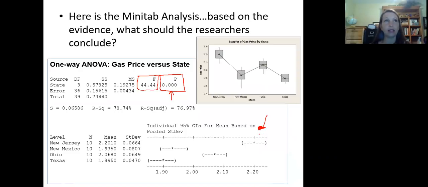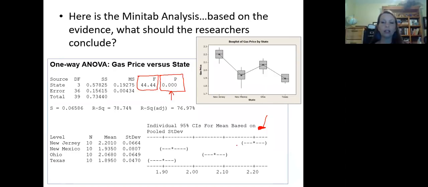Minitab 17 and 18, and I believe Minitab Express as well, do much prettier versions, but they all work essentially the same way. What we're looking for in these interval plots is how much overlap or not overlap there is between these confidence intervals. Remember, a confidence interval says we're pretty sure that the mean is in here. So if you're pretty sure it's in this interval and that interval doesn't overlap another interval, then you're pretty sure that those two are different.